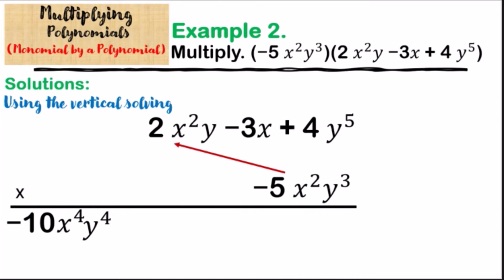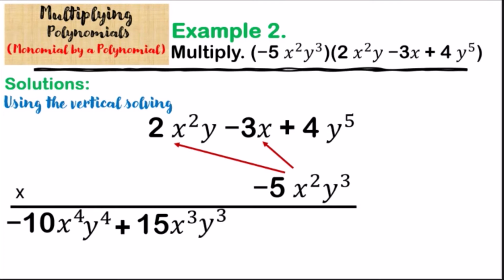Then, multiply the monomial to the second term of the polynomial. That is, negative 5 times negative 3 is positive 15. X squared times x is x raised to the 3rd power. Y cubed here, we do not have y as literal coefficient here, so we have to copy y raised to the 3rd power.